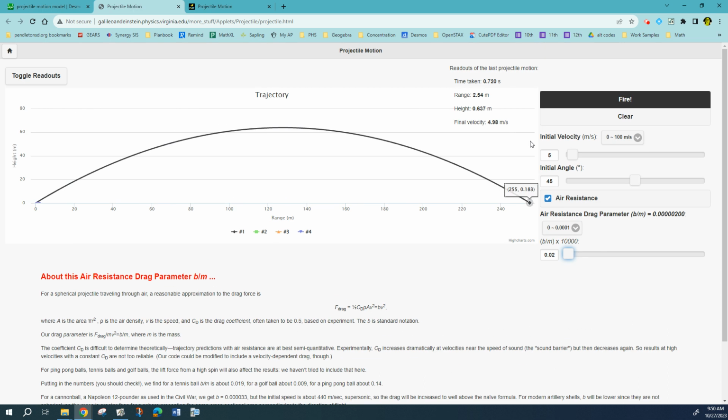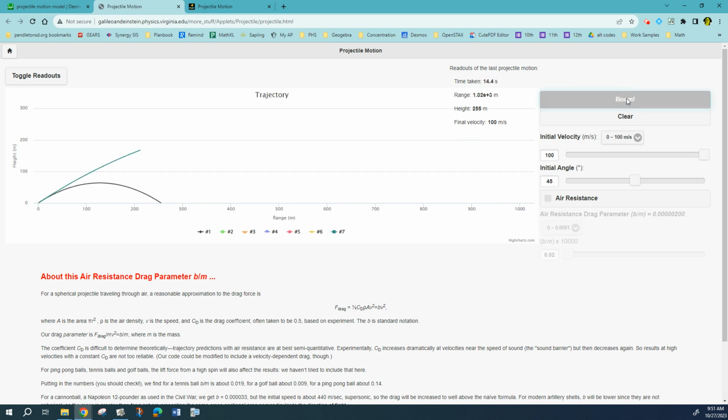Okay. So if we shoot this thing at 5 meters per second with air resistance, we get 2.55. If we shoot it without air resistance, we get 2.55. It hardly even made any difference. So make a prediction for me. What if we shoot this thing with 100 meters per second?